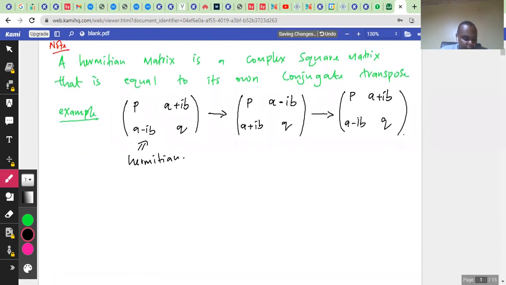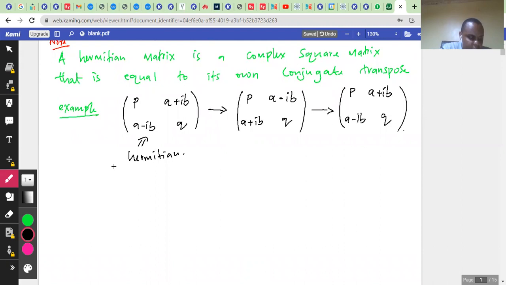So for an example for the skew Hermitian, let me look up an example for a skew Hermitian matrix. Okay, let's think about it. It's not easy to create such a matrix.